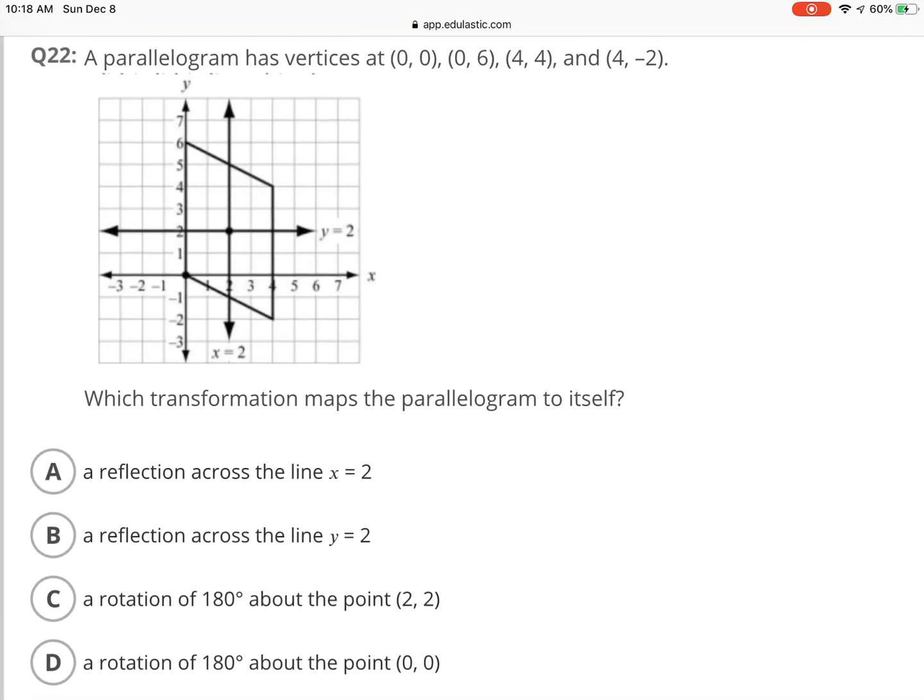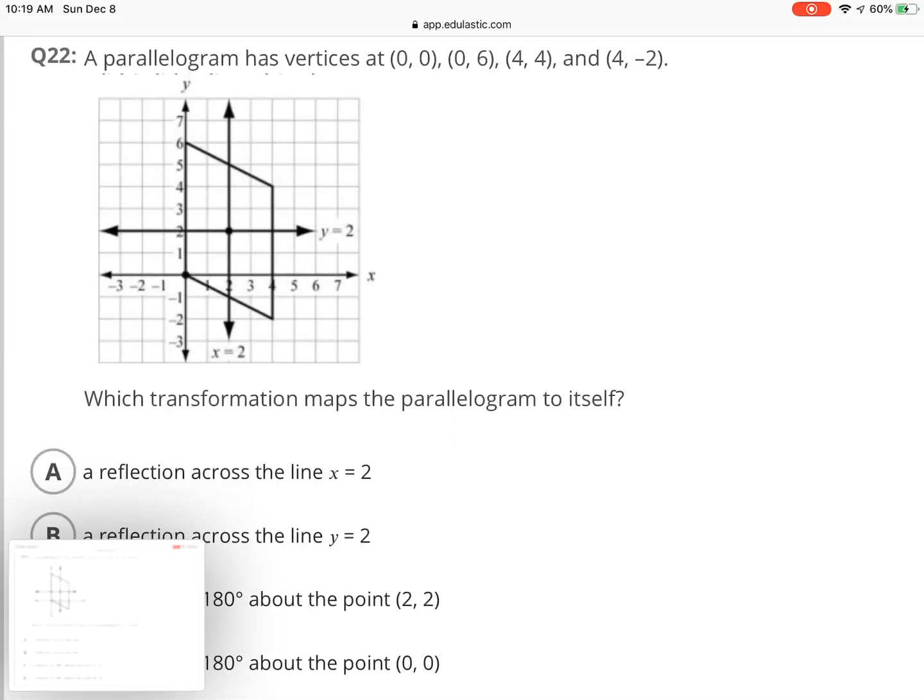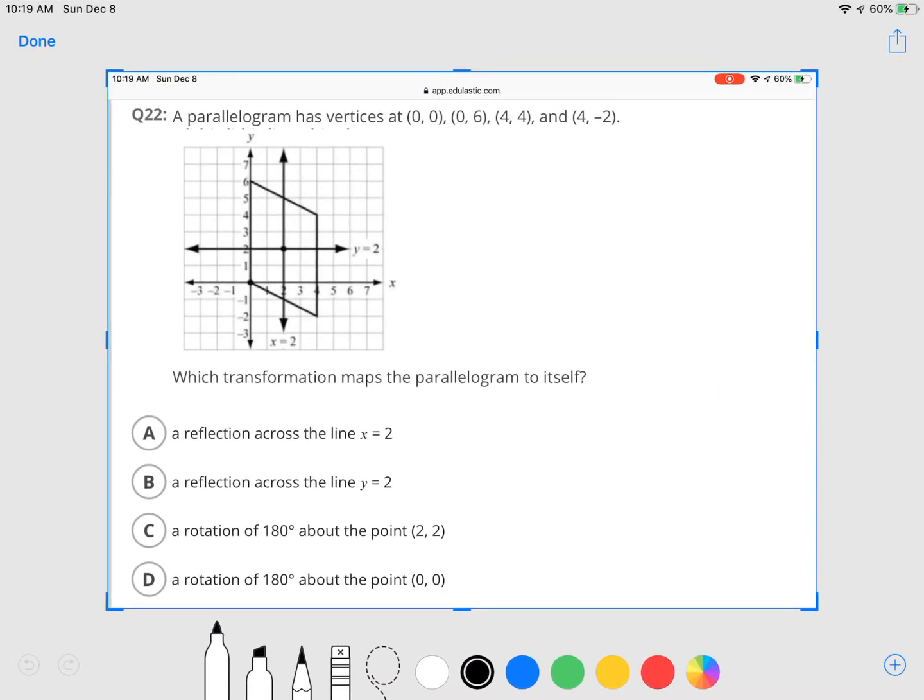Okay, 22. A parallelogram has vertices 0, 0, 0, 6, 4, 4, and 4, -2. Which transformation maps the parallelogram to itself? Okay, we cannot use reflections for a parallelogram unless the parallelogram happened to be a rhombus or it happened to be a square.